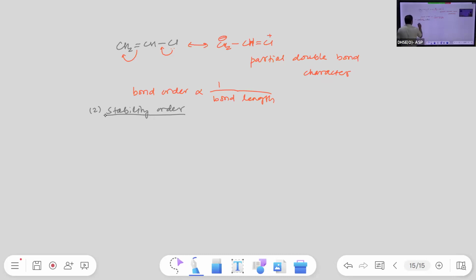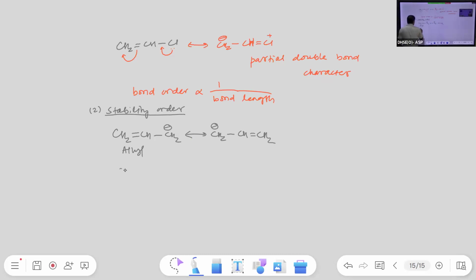Okay, so if you compare, what example now? This is allyl carbanion. It can be stabilized by resonance. If resonance happens, then the stability of allyl carbanion increases.